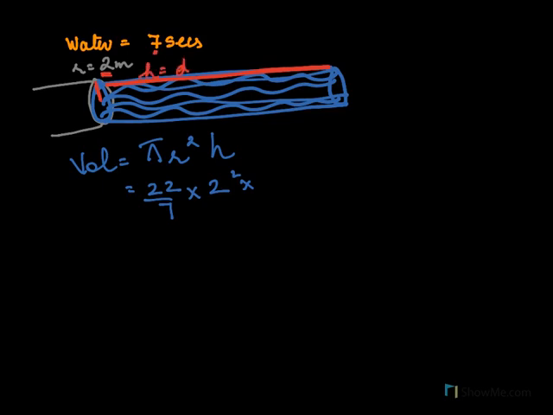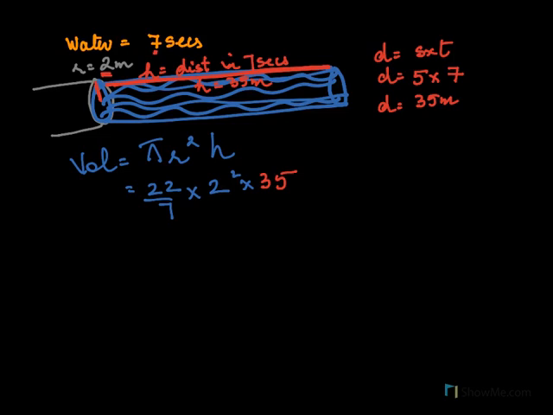So the height will be the distance in 7 seconds. And you know how we calculate distance? Speed into time. So the distance is speed, which I know in this case is 5, time is 7 seconds, so the distance is 35 meters. So this h is 35 meters. So I will put 35. This will give me the volume of the water in 7 seconds.